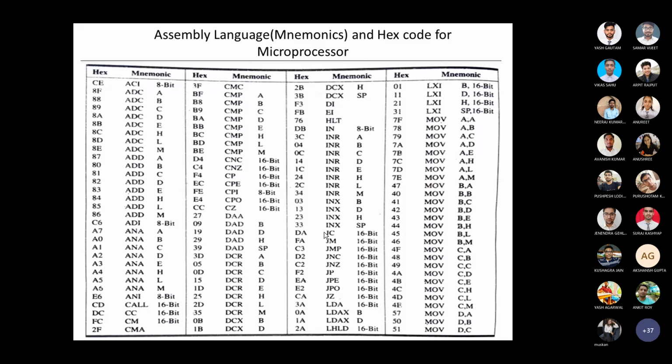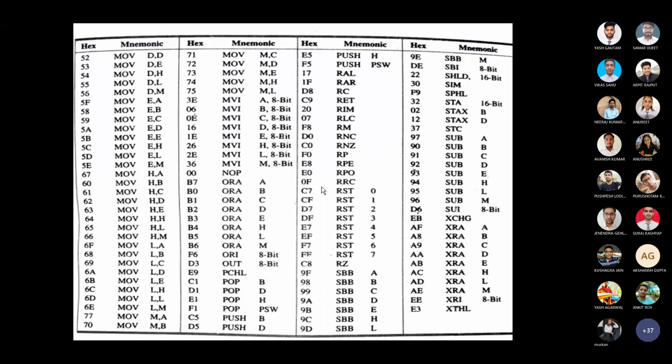Here you can see that 88 to 8F, these are reserved for ADC. Different hex codes are assigned for different types of mnemonics or instructions. Similarly, here also you can see the different instructions which are reserved. Hex codes are reserved; 52 is for move D to D.